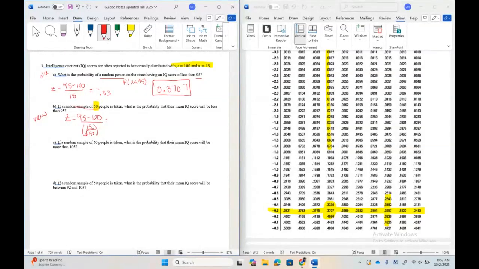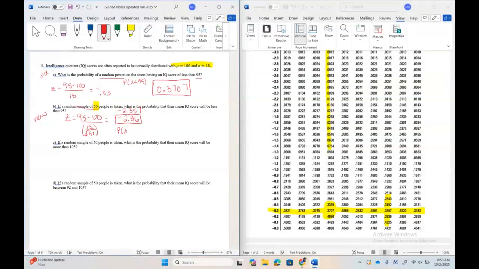So this is negative 2.36. Really, this is the Z-score. When you do it on our calculators, it will give you negative 2.357. And we always round a Z-score to 2 decimal places. So that's why it's going to be negative 2.36 in our work.